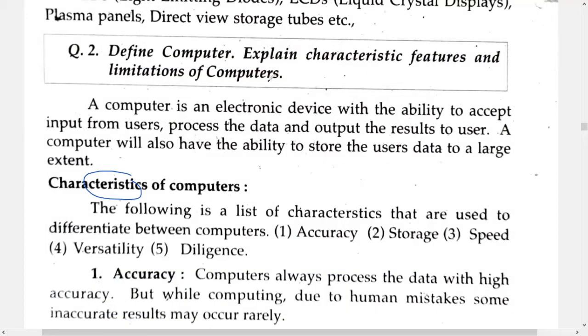The following is the list of characteristics that are used to differentiate between computers. The characteristics are accuracy, storage, speed, versatility, and diligence. Here we have discussed 5 characteristics of computers and we will see them in detail.